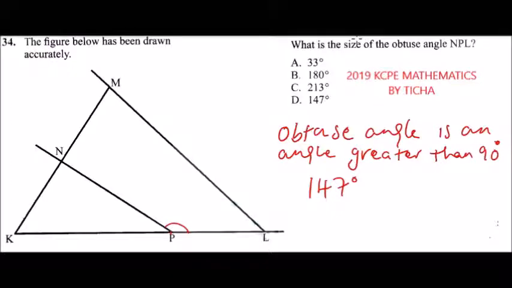So from the answer, that is the correct answer, that is D. And here you are being tested whether you know how to use your protractor. So that's how you do that.